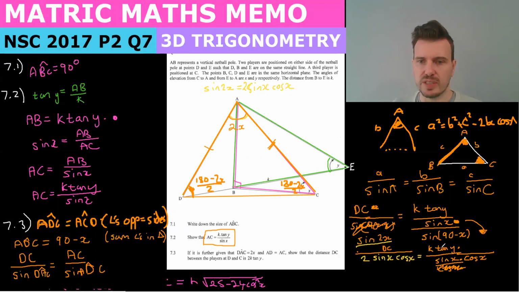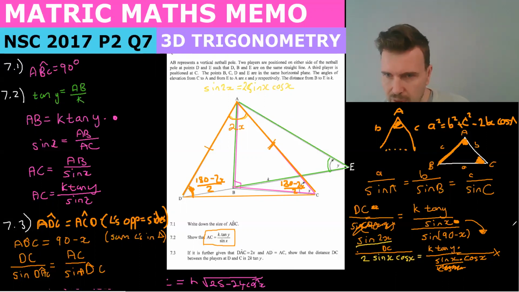What I can do is then just times through by 2 sine x cos x to get DC by itself. I'm just going to write it on the side here, 2 sine x cos x. You would obviously have more space.